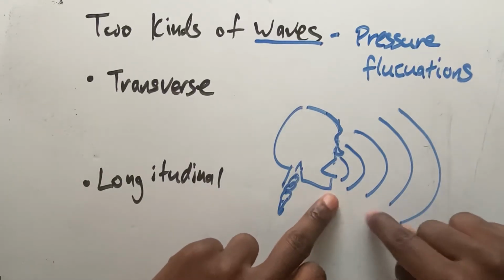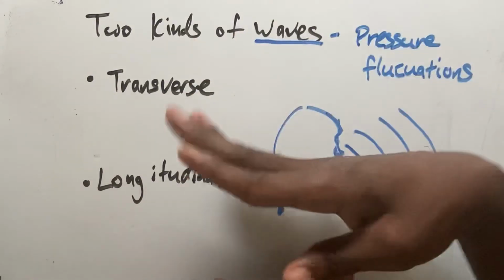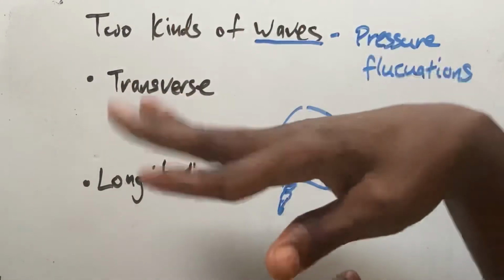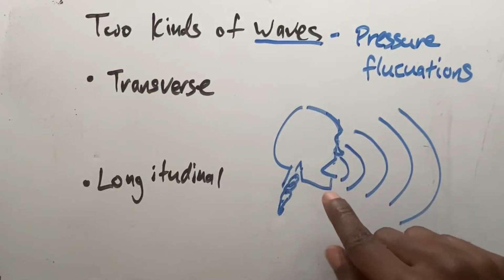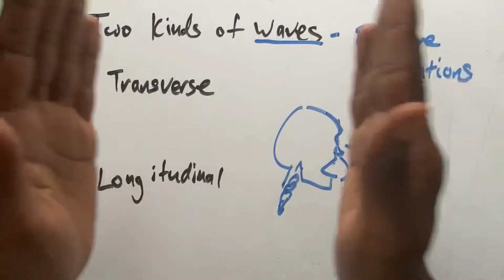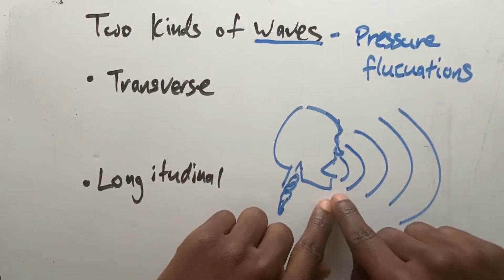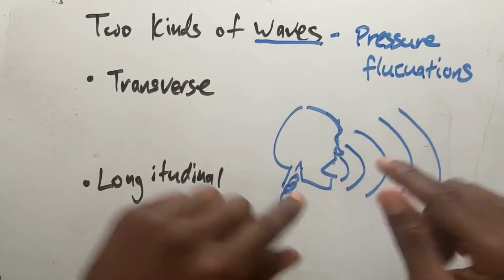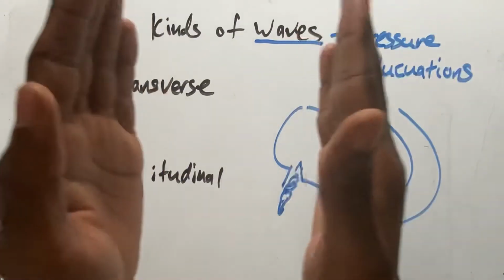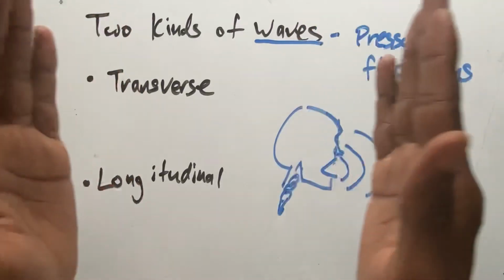But these waves here are not moving like water waves. These waves here are moving like this. This is what I mean by pressure fluctuations. He's talking outwards, causing the air to fluctuate like this. And this is what we call a pressure fluctuation.